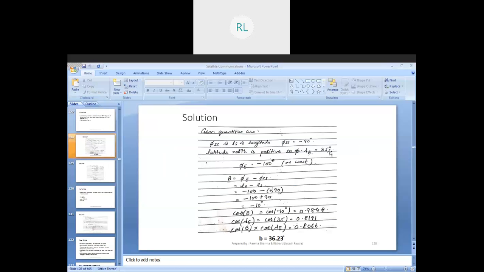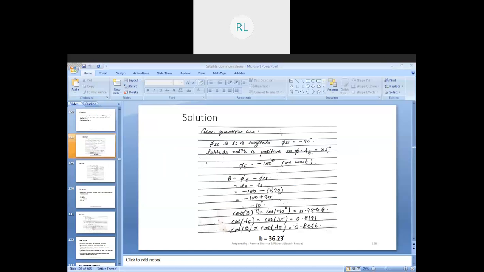Phi SS is the longitude, which is about minus 90°. We have 90° west, so we take it as minus 90°. Lambda e is 35 degrees because it's north, and phi e is minus 100° because it's west.